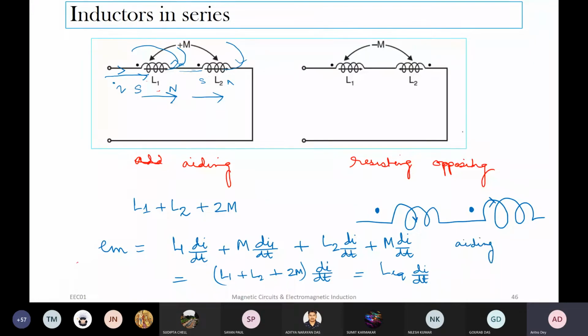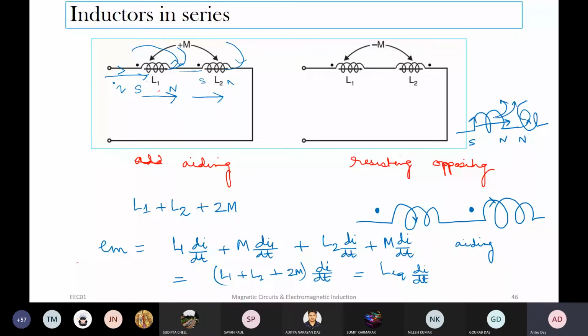And if we draw the circuit the other way round, it is north pole here, it is counterclockwise. So here the field lines will produce like this. The polarity is this, so they will generate and they are opposing.